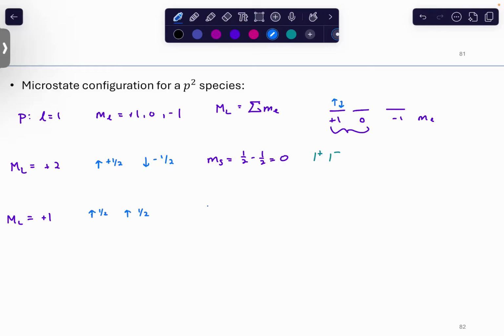We could do spin down, spin down. And I'm going to start marking these as +1 and 0, to let you know which M sub L it is. So I could have an up, down, and I could have a down, up.